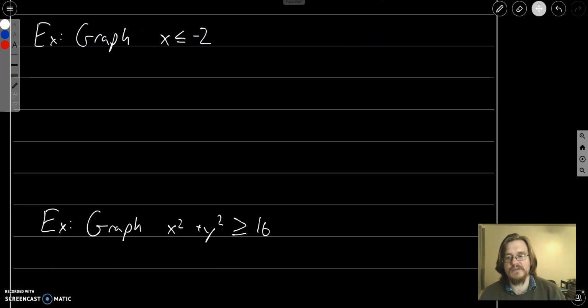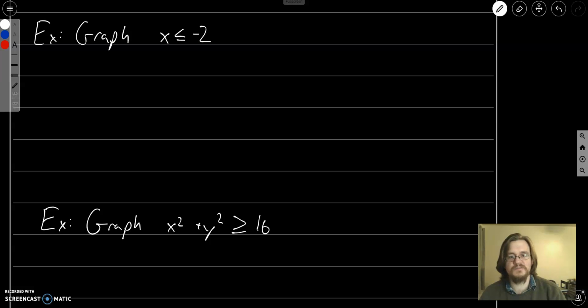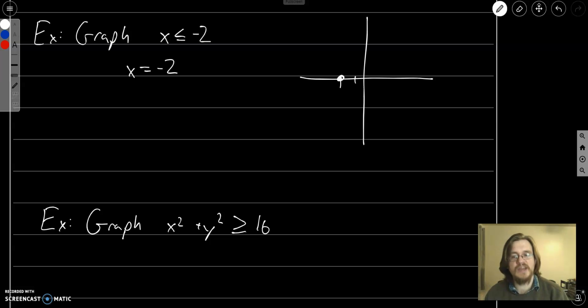Likewise, let's graph x is less than or equal to negative 2. Again, we'll just graph x is equal to negative 2. So x is negative 2 right here. There are no restrictions on y. It doesn't say what y is, so y can be anything. So our line is going to be this one right here.